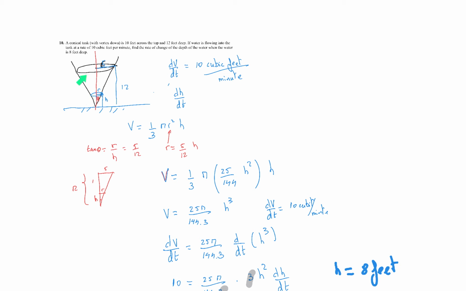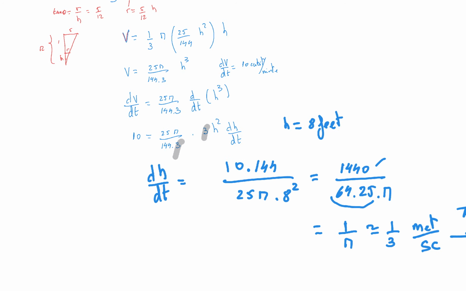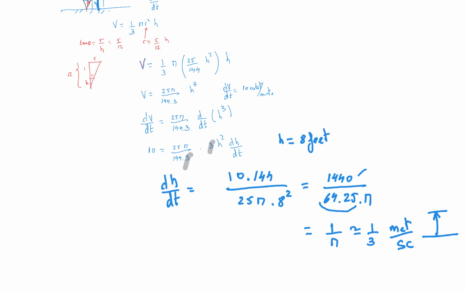But when the height is big, the rate is smaller, and the velocity when the height is 8, like here, the velocity going up of the surface of the liquid is like 1/3 meters per second, or feet per second, sorry. It should be feet per second because I'm using this unit. Well, this is the problem, and I'll see you soon.